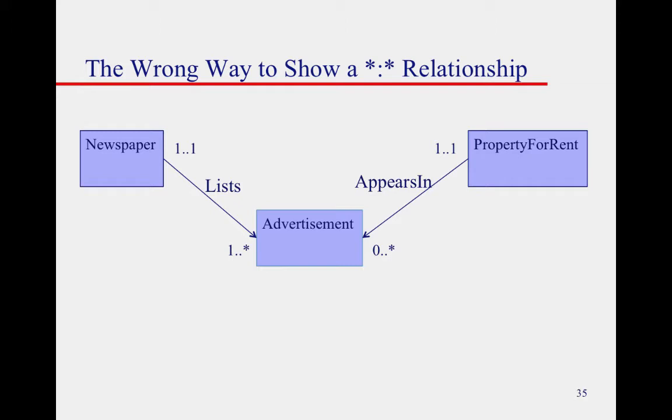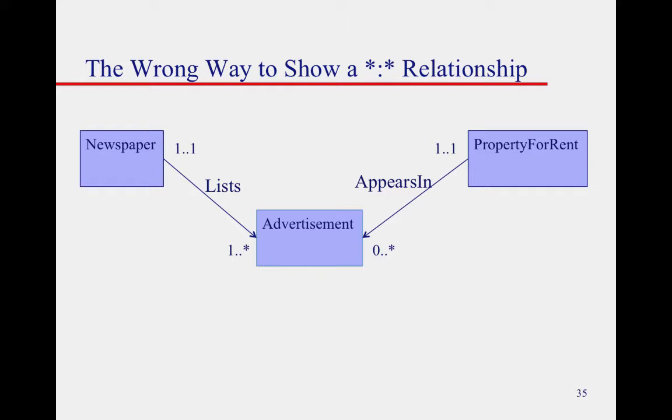So you'll show it as two binary relationships, one between newspaper and advertisement, and one between property for rent and advertisement. And you see both arrows are going into the advertisement because a newspaper can list one-to-many advertisements, and an advertisement appears in one and only one newspaper.